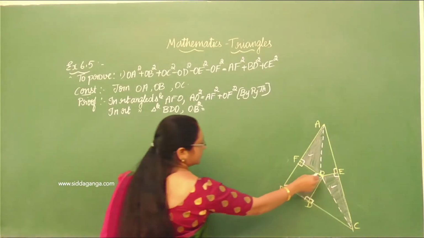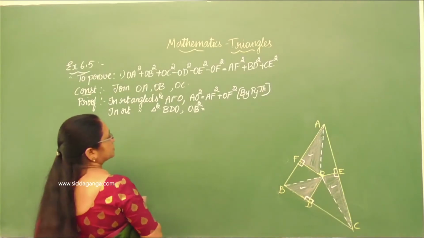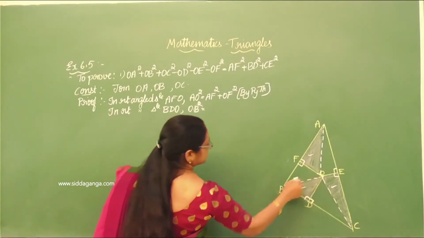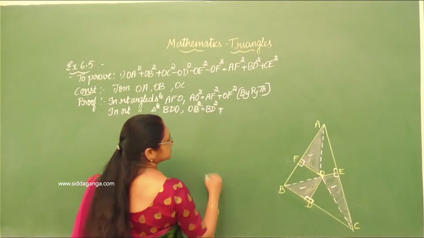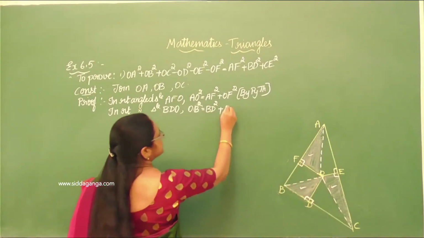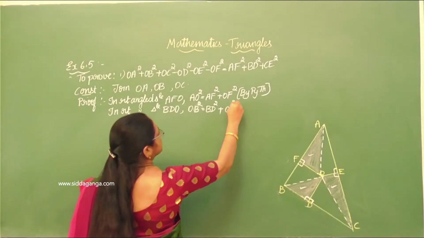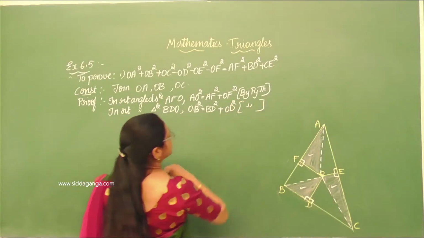So OB square is equal to BD square plus OD square, that is by Pythagoras theorem.